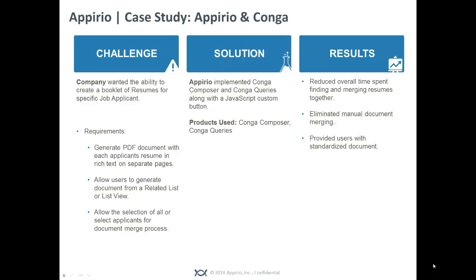As it says here in the solution, we took Conga Composer, Conga queries, and a simple JavaScript button that is actually provided by Conga, and we were able to add a button to list views as well as a related list on the job applicant record, so that the company could easily check off the candidates they wanted and click a button, and it would take all of their resumes and put them into one booklet, all formatted with page breaks for each of the different resumes.